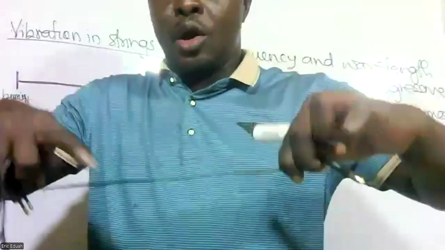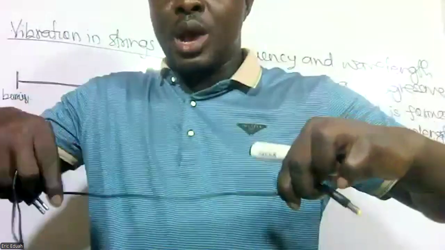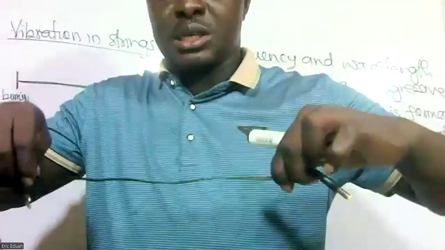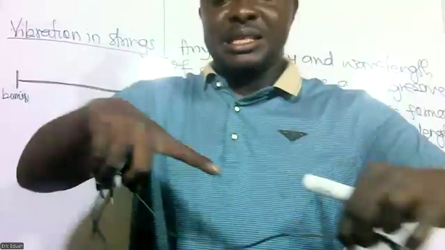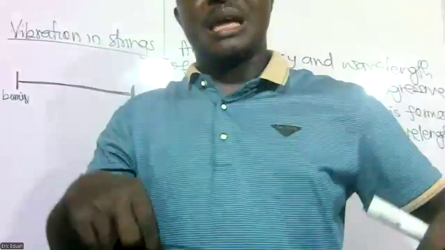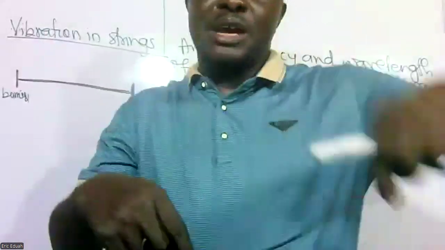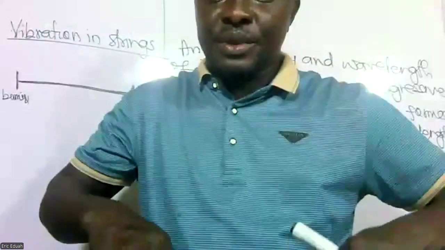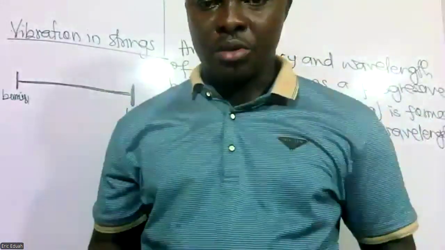When I pluck the middle of the string, I create a wave around it. Because there are boundaries at both ends, an incident wave is created and then reflected. The incident wave hits the boundary and reflects, creating that characteristic stationary or standing wave.